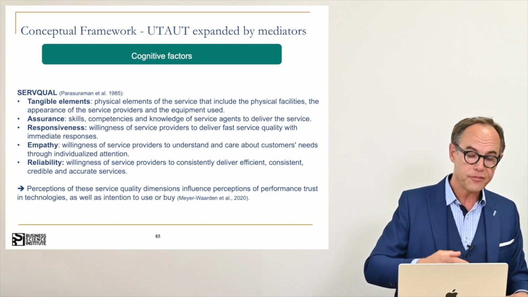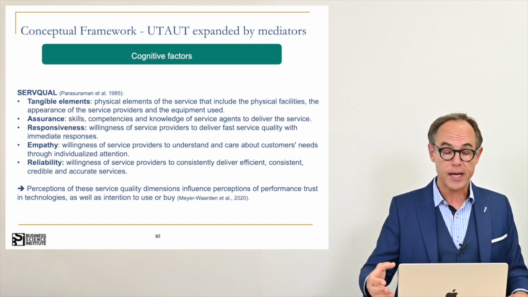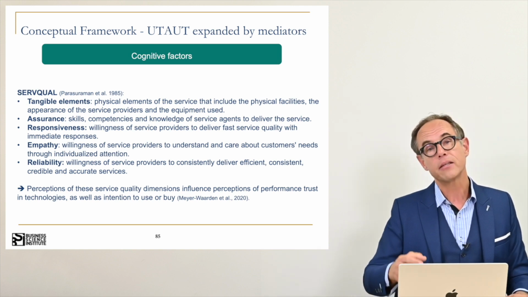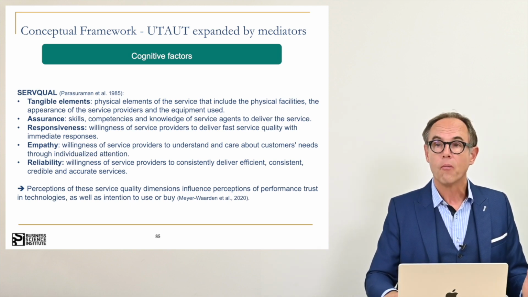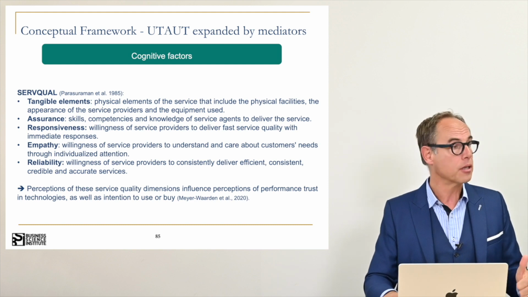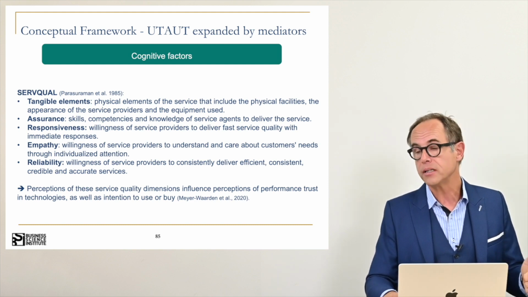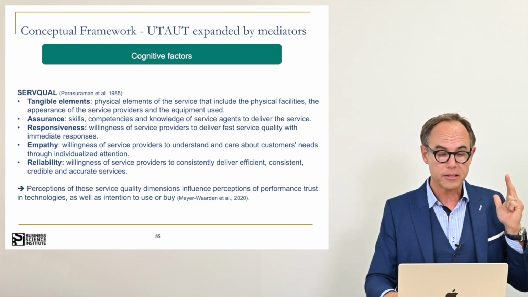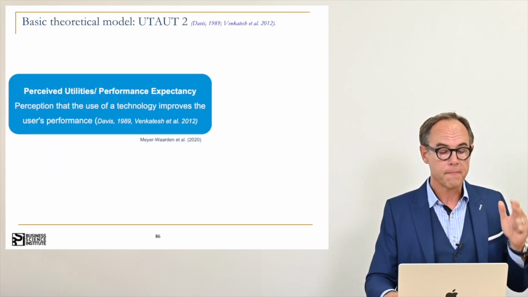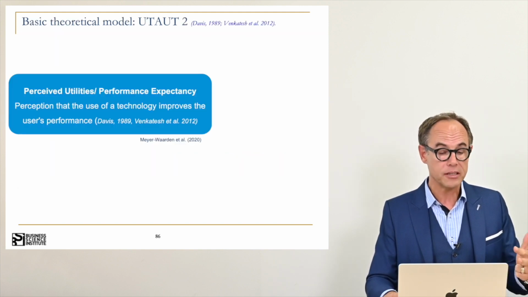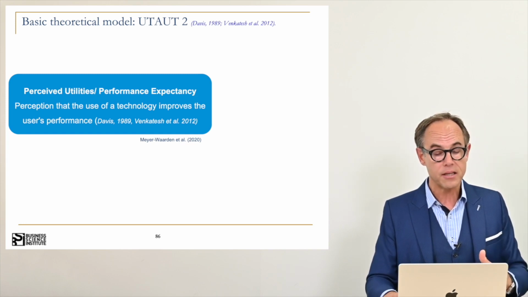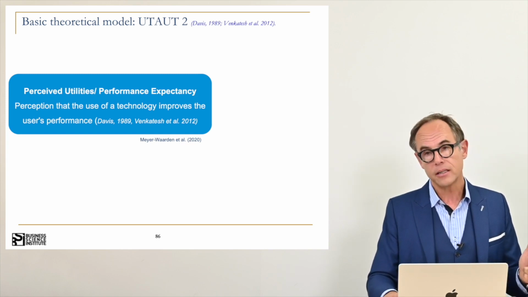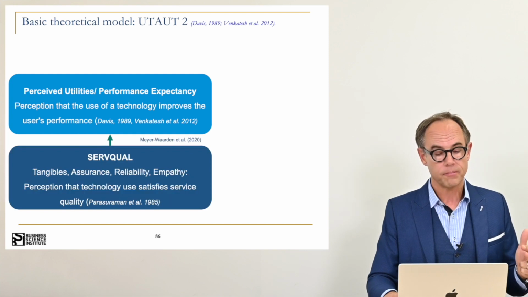These 5 dimensions impact perceived value and should also impact the intention to use one of these disruptive technologies, which could be a robot, a chatbot, an autonomous car, or a smart home. So we see SERVQUAL should impact utilitarian performance expectancy, which subsequently impacts behavioral intention to use.